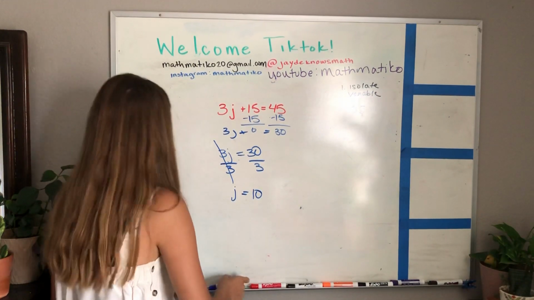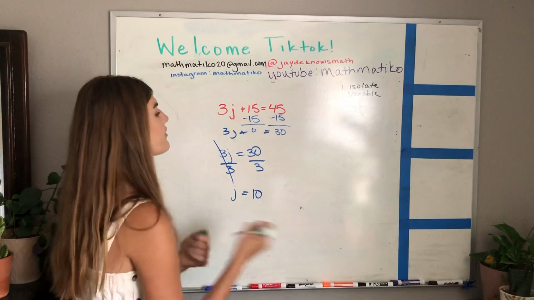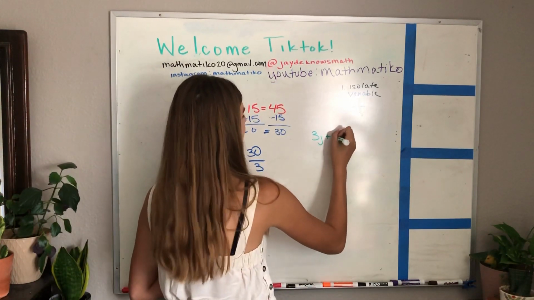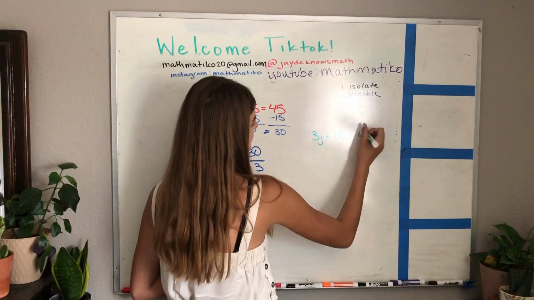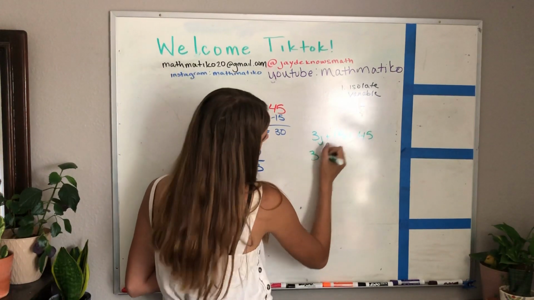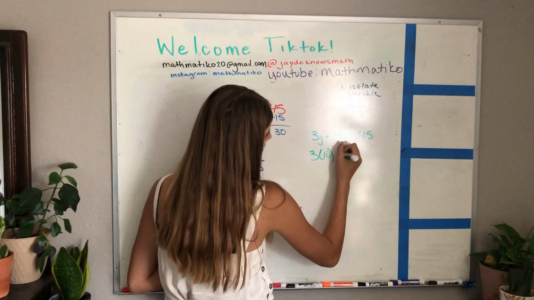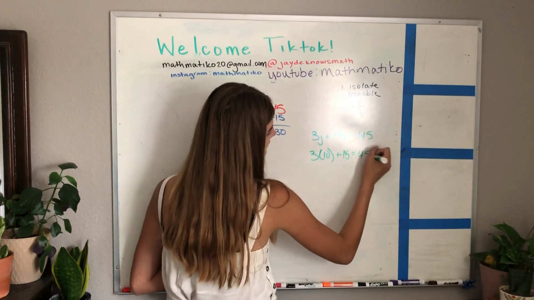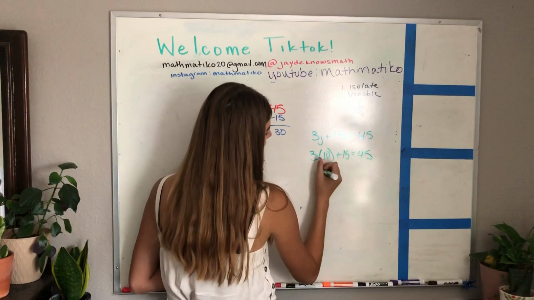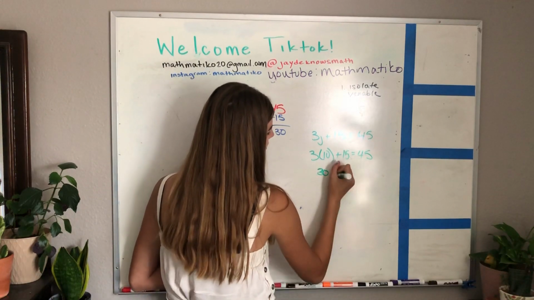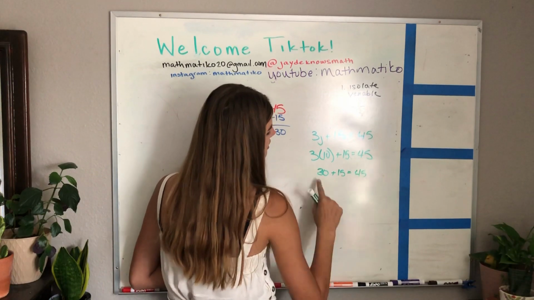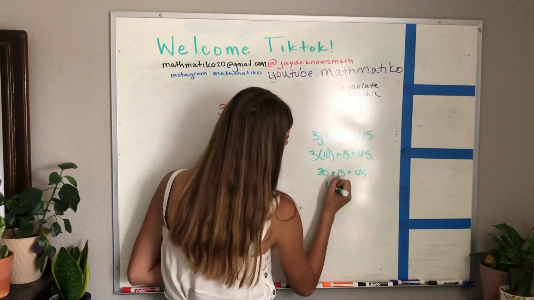Now let's plug this in and see if we got the right answer. 3j plus 15 equals 45. We said j was 10. 3 times 10, 30, plus 15 equals 45. 30 plus 15, that is 45.